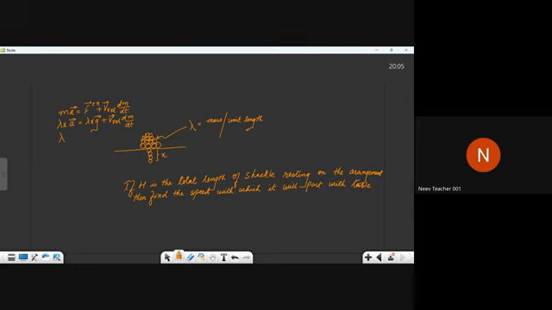Lambda x dV by dt is equal to lambda xg, V relative is, with the direction taken, minus V, and dm by dt. Class, what will be dm by dt?